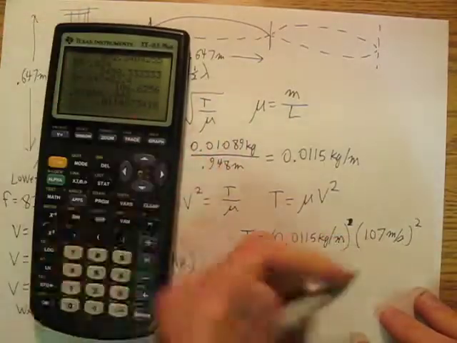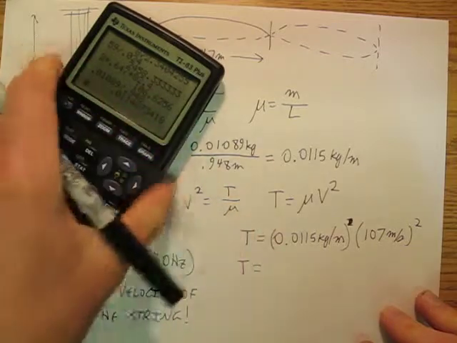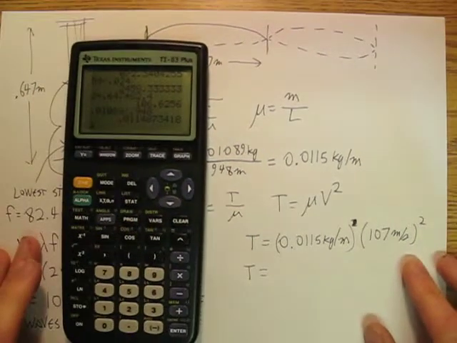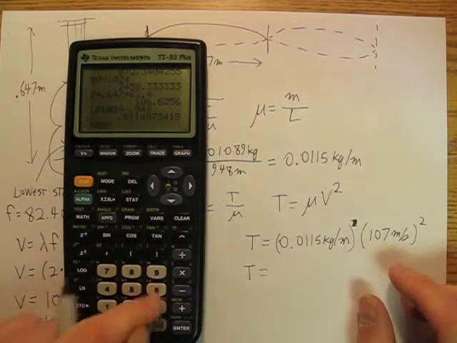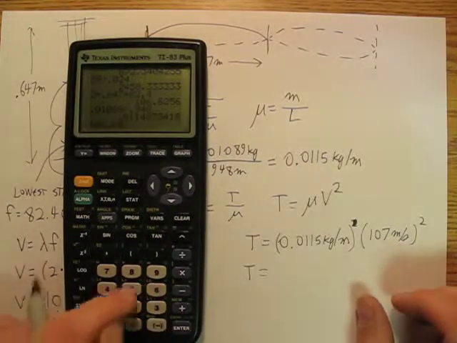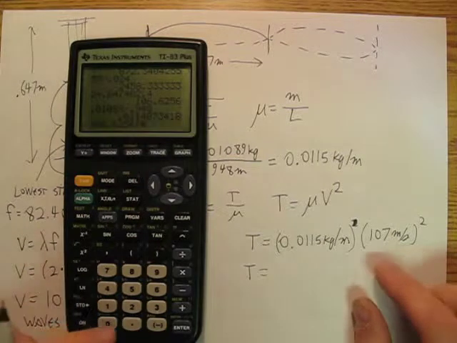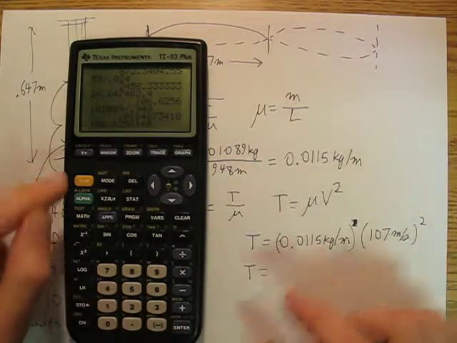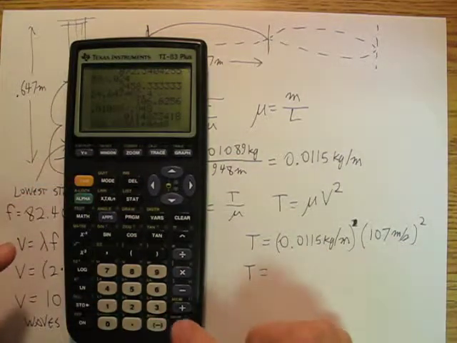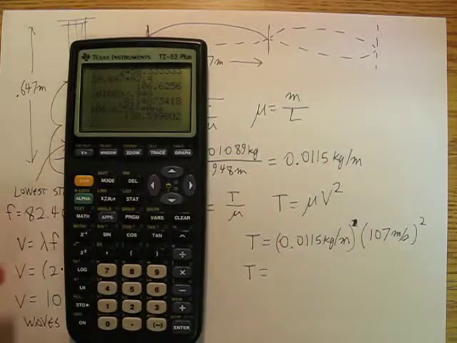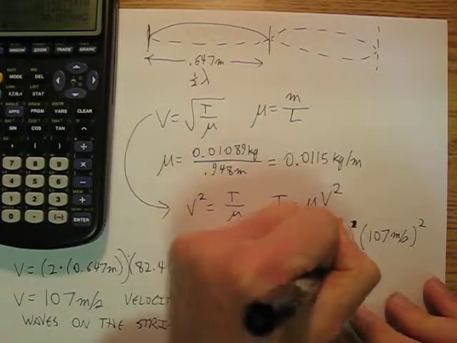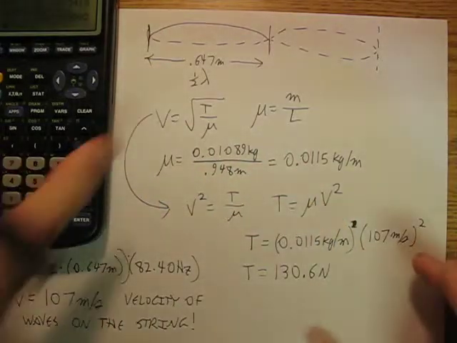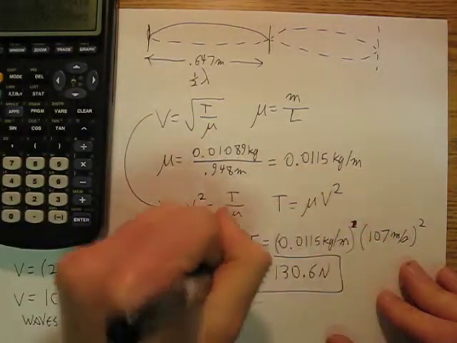So using the exact values on my calculator, I'm going to get 106.6256 squared times my answer, and I get 130.6 newtons. So that should be the tension.